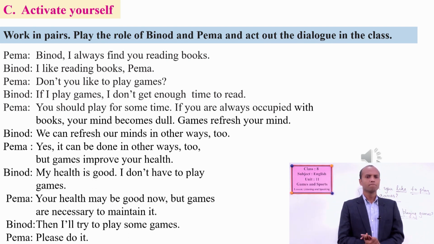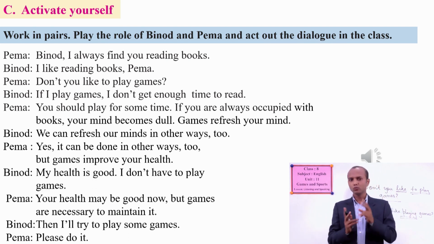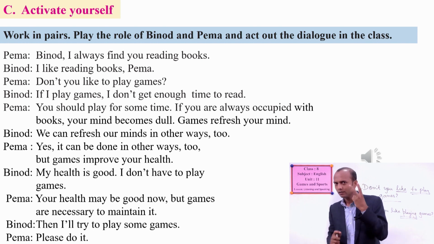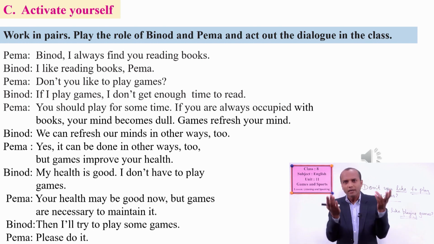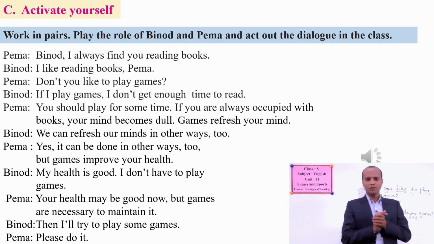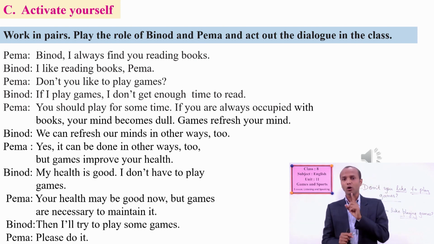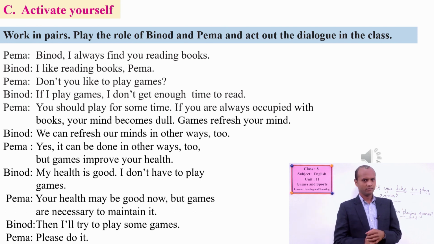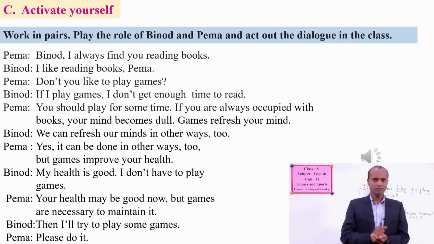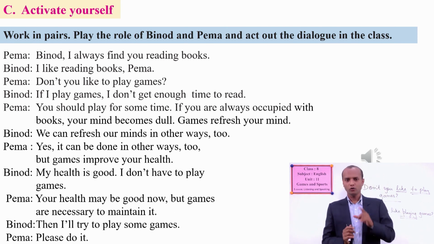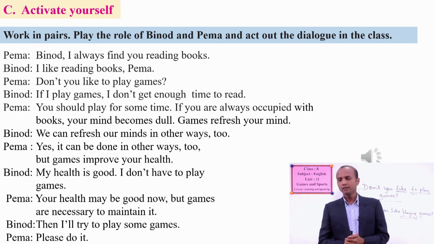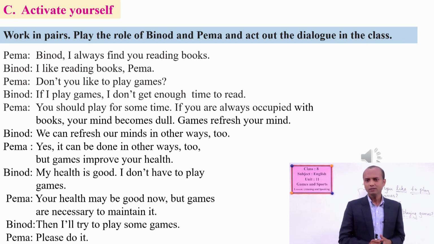You have to work in pairs. Two people working together is a pair. So play the role of Binod and Pema. In your book there is Pemba, that's a mistake there. So Binod and Pema, they're speaking, and act out the dialogue in the class.